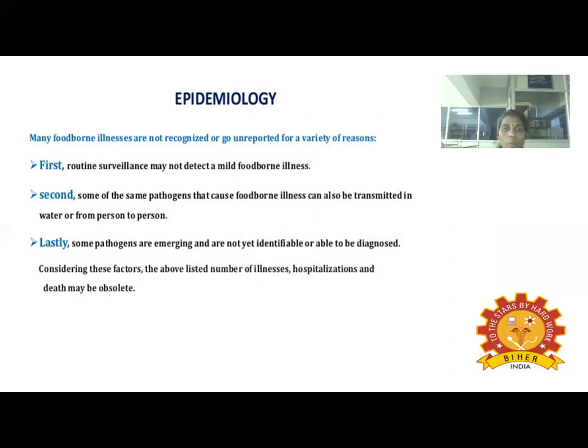Secondly, some of the same pathogens that cause foodborne illness can also be transmitted in water or from person to person. Lastly, some pathogens are emerging and are not yet identifiable or able to be diagnosed. When considering these factors, the above listed numbers of illnesses, hospitalizations, and deaths may be underestimates.